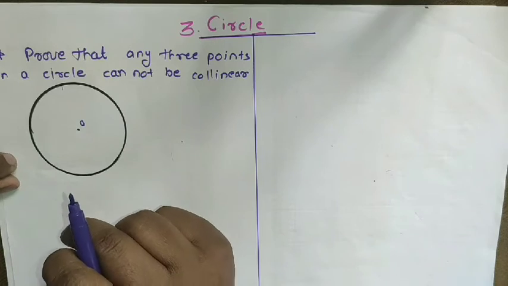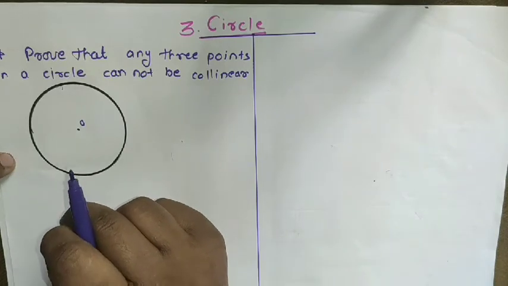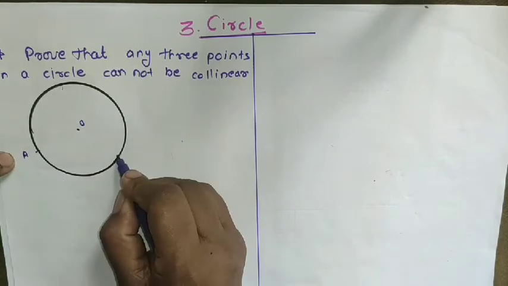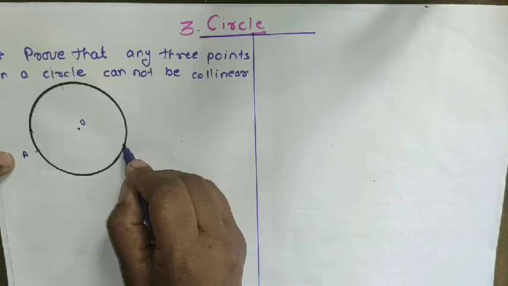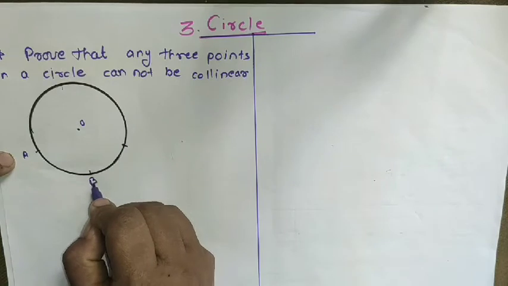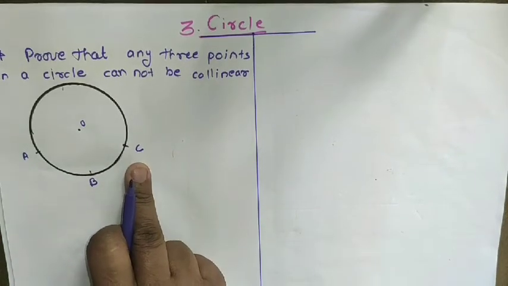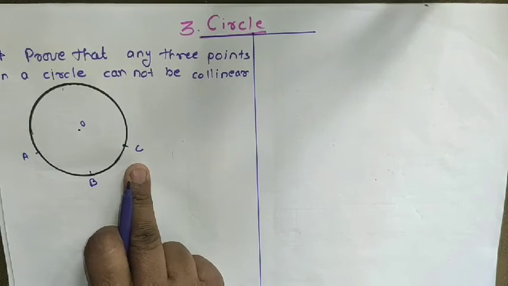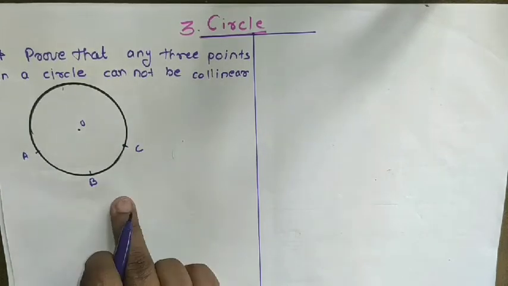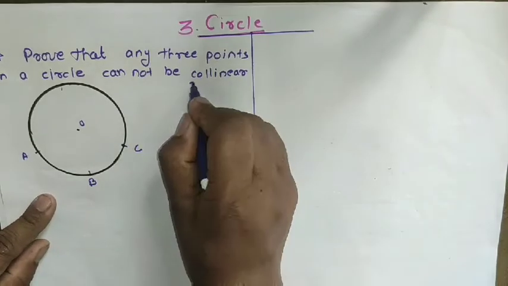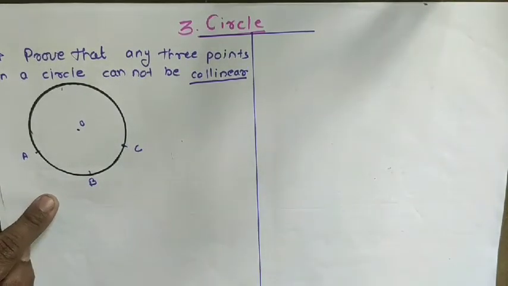So I will take points A, B, C. Point A is here, point B I will take here, and point C here. We can see easily that these 3 points are non-collinear, but we have to prove it. Collinear means they are on a straight line.